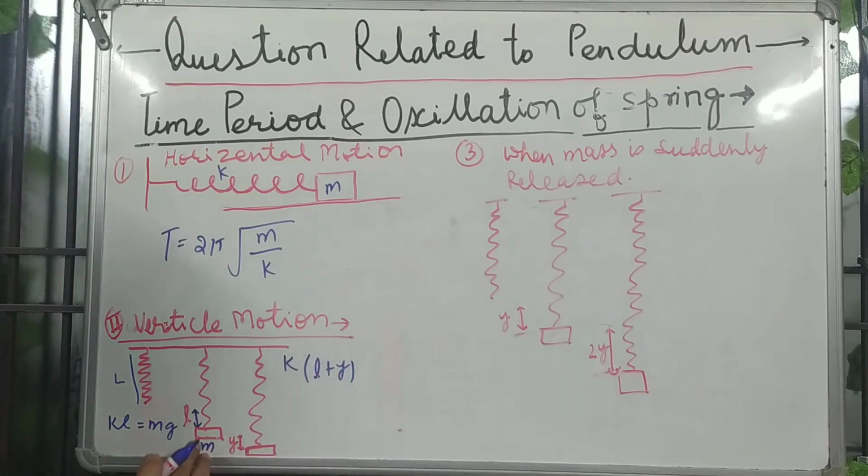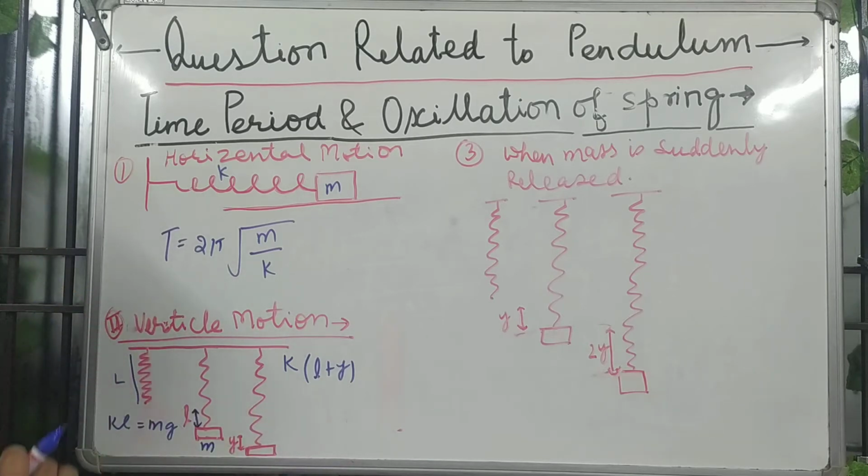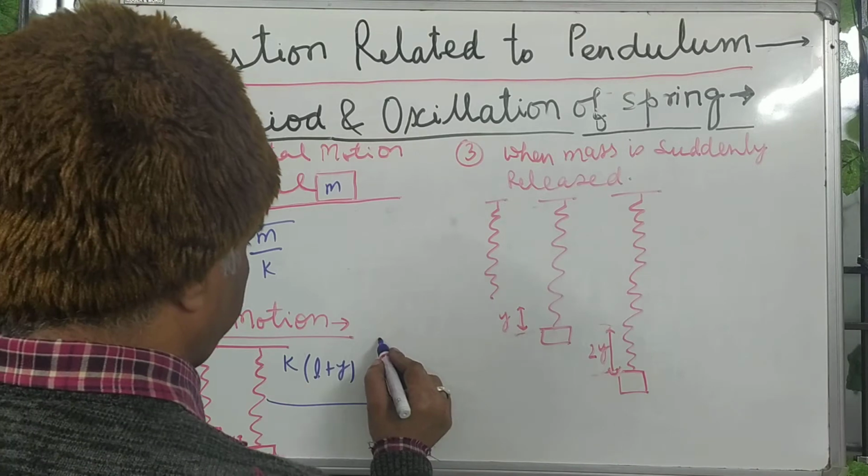Now in this there was extension L. This is slightly, slowly displaced by the distance y. Now this is basically the mean position, and about this the body will start oscillating. You can represent this this way.